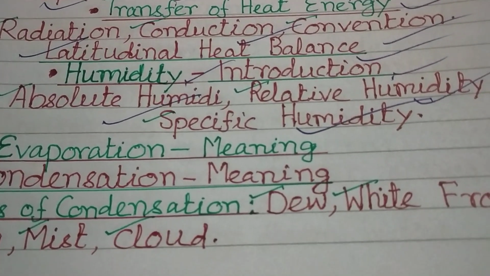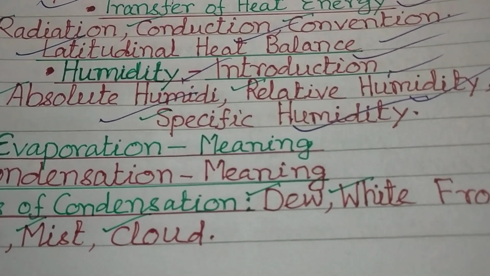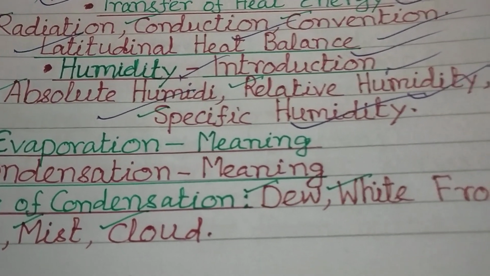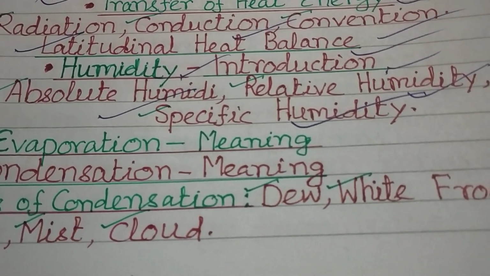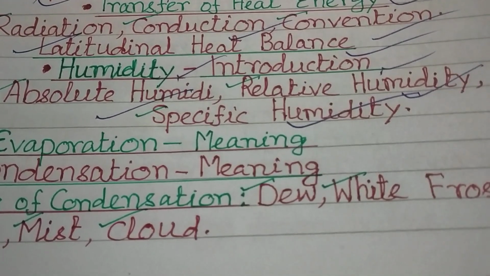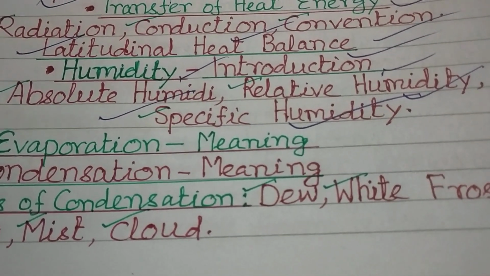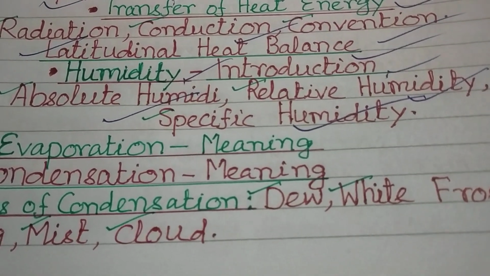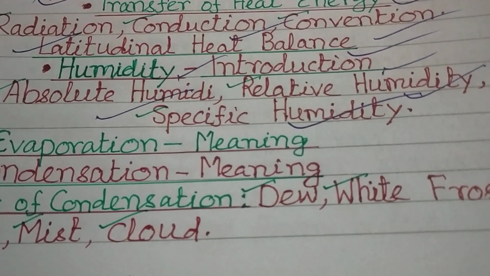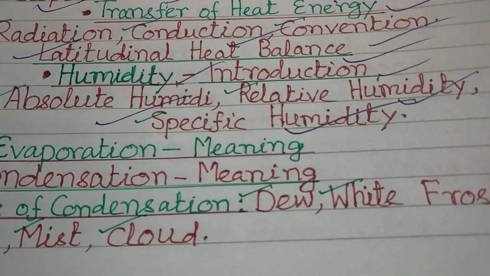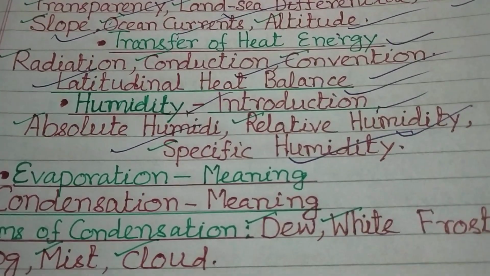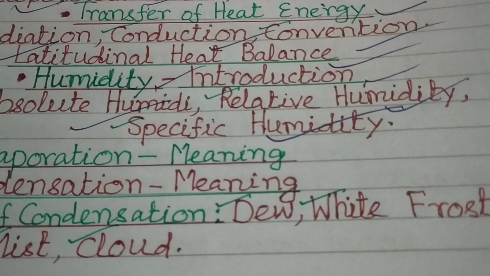Thus, the relative humidity of saturated air is 100%. If it has half the amount of moisture that it can carry, the air is unsaturated and its relative humidity is only 50%.